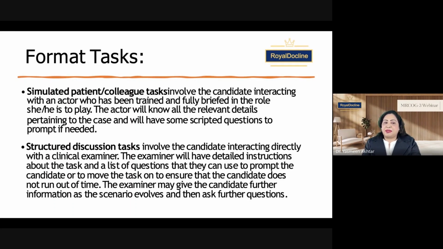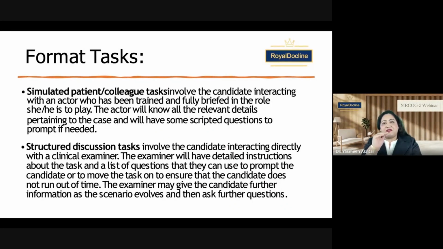The second type will be a structured discussion task, which I like very much, and it is very easy to go through. This is just an examiner and a candidate. The examiner is asking you the questions. He actually wants to pass you. He is also giving you hints.